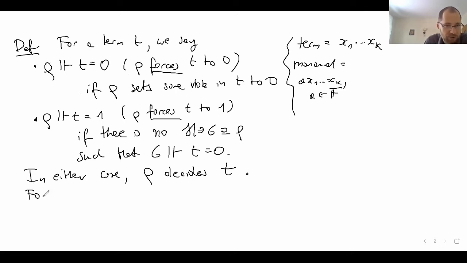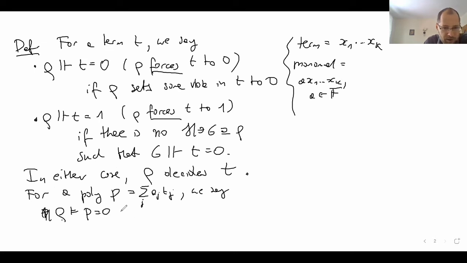So for a polynomial p, let's say it's the sum of a_j times t_j. The t_j's are terms, the a_j's are constants from the field. Let me try to maintain this distinction between rho and p. So rho forces p to 0 if rho forces each t_j to some value b_j.